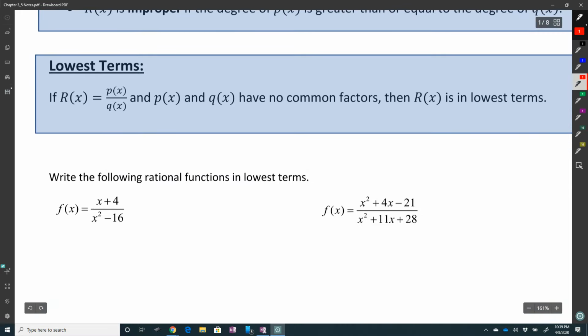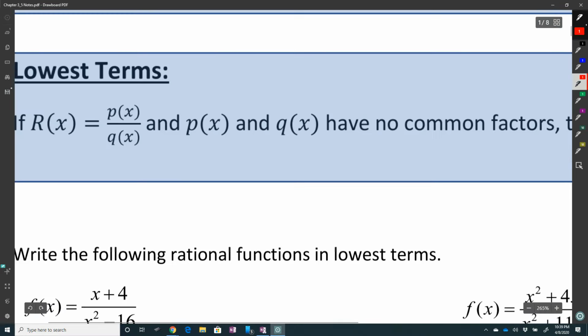So now we have lowest terms. So again, if I go to numbers and I write down 4/6, this is not in lowest terms. Why? Because we can simplify it.